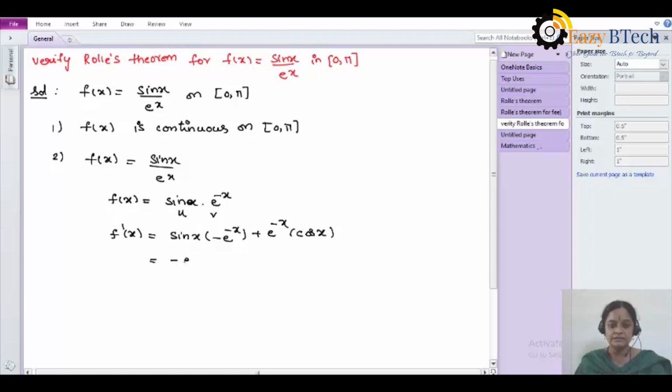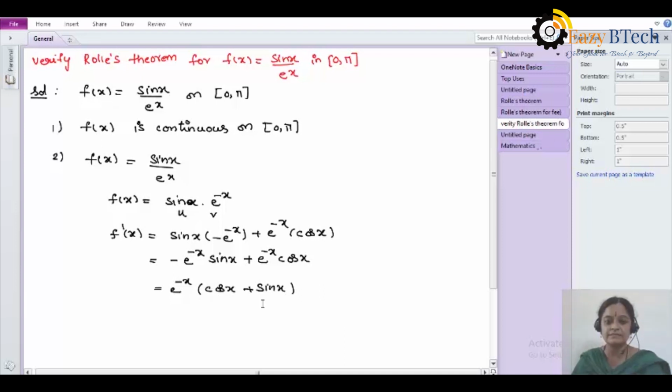That gives minus e power minus x sin x plus e power minus x cos x, making e power minus x common, e power minus x (cos x plus sin x). It is the value of f dash of x.